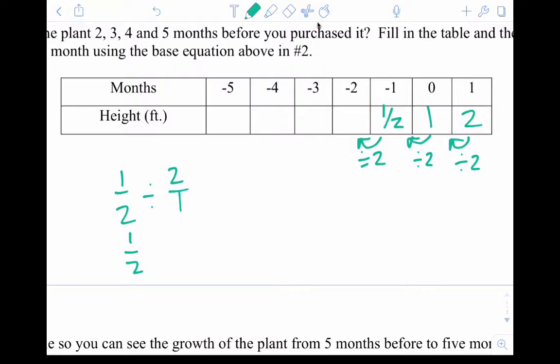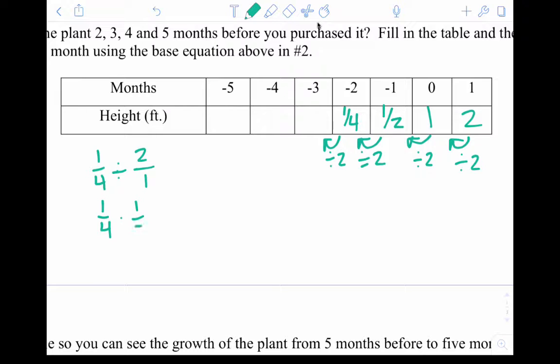When I rewrite that, because I'm dividing fractions, I'm going to keep, change, flip, and I get 1/4. And then when I divide by 2 again, I have 1/4 divided by 2. I'm going to write it as 2/1 because I need to deal with fractions. And keep, change, flip, and I get 1/8.